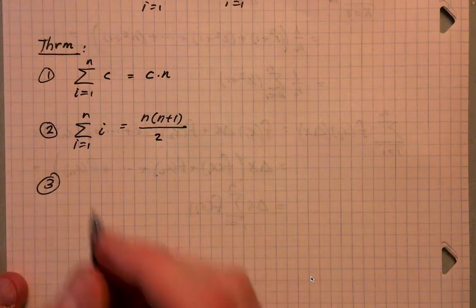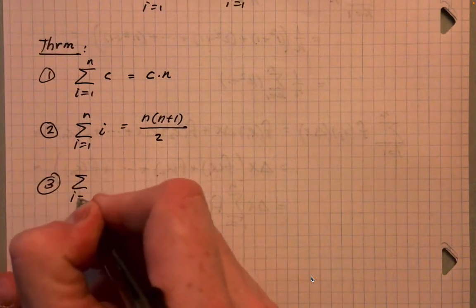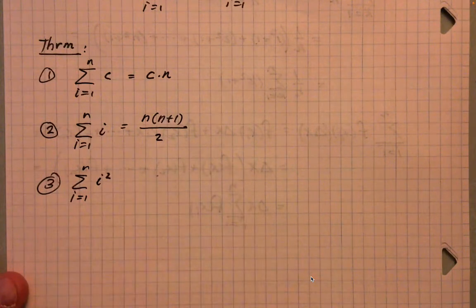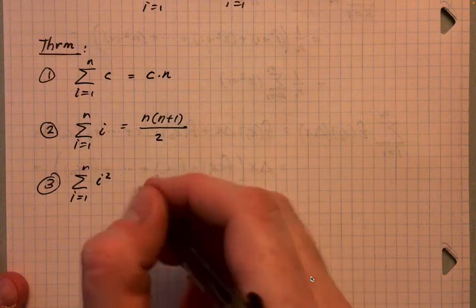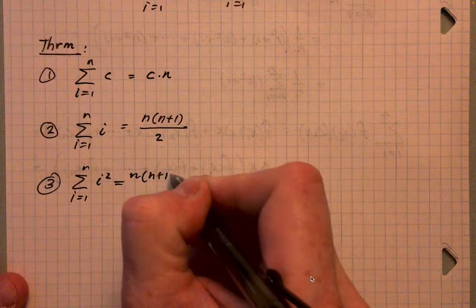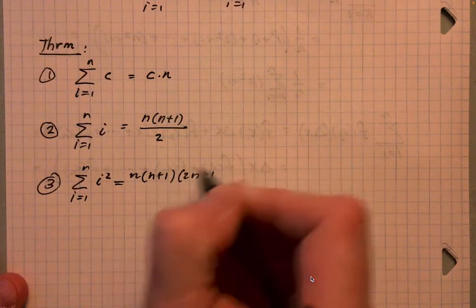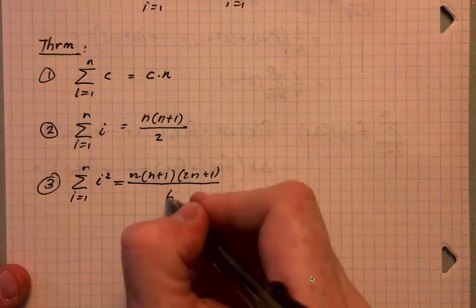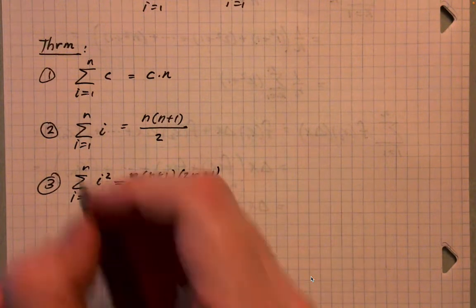The third one is the sum of i equals 1 to n of i squared. And for this guy, you get n times n plus 1 times 2n plus 1, miraculous how this happens, all divided by 6. Okay.